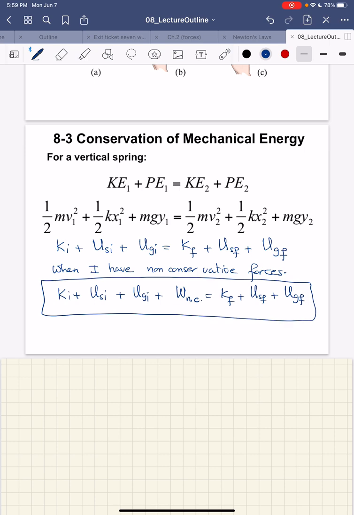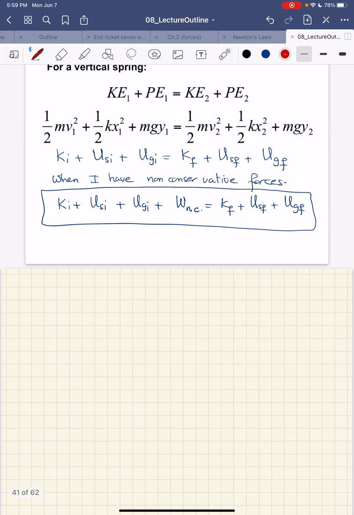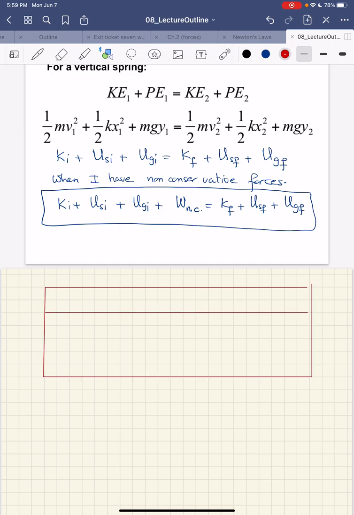I always like to use charts, and this is the reason you will see me sometimes like to be more aware of what I have. I will draw something like this. This is K: this is my Ki, this is my K final.